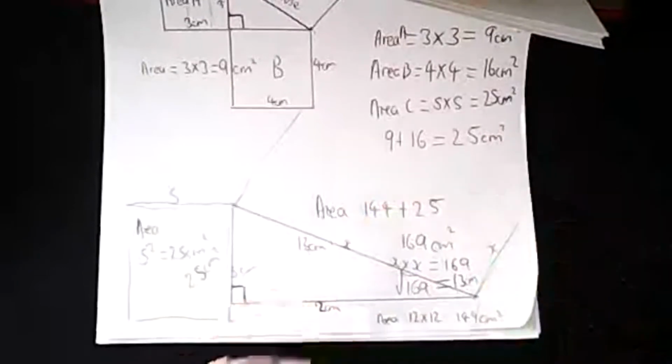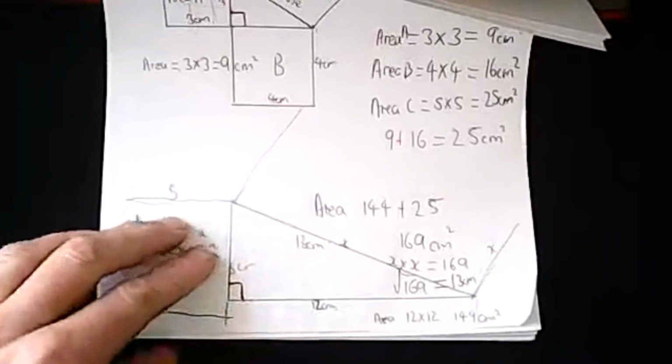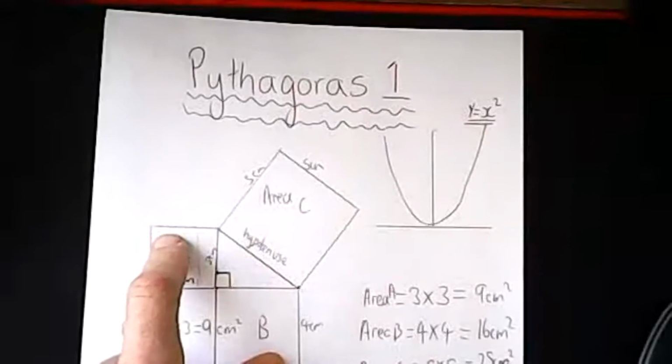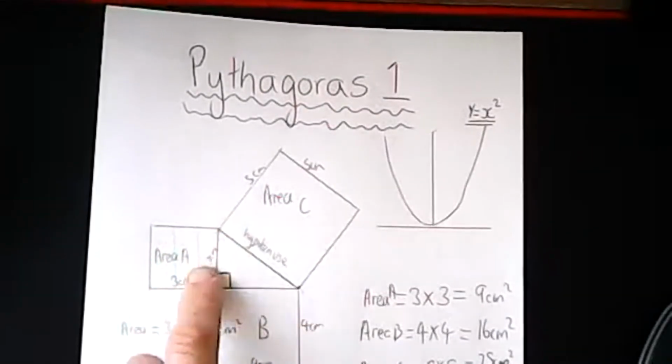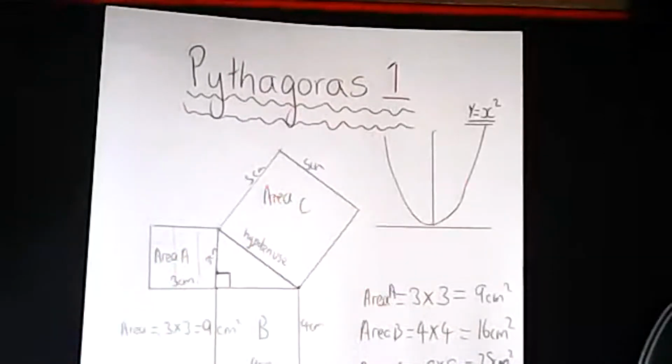So, brilliant. To recap this morning, what have we done? We've looked at the first part of Pythagoras. We've learnt that the areas of the squares of each of the sides of a triangle are connected. The two smaller areas make the big area, or the two areas of the small sides equal the area of the hypotenuse, the square of the hypotenuse.